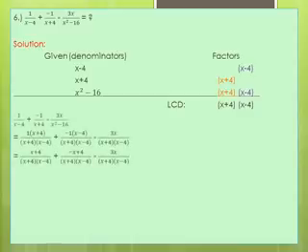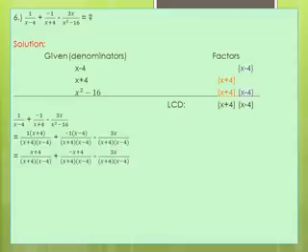So, we now convert it to like denominators by having the LCD as our new denominator, dividing it by the denominator and multiplying the result to the numerator. So having our LCD divided by x minus 4, the result is x plus 4. So 1 times x plus 4.